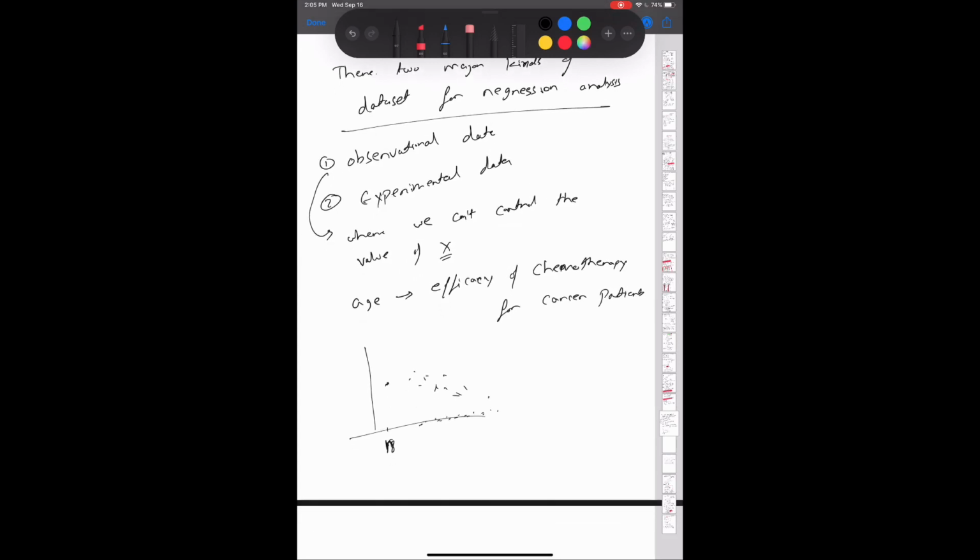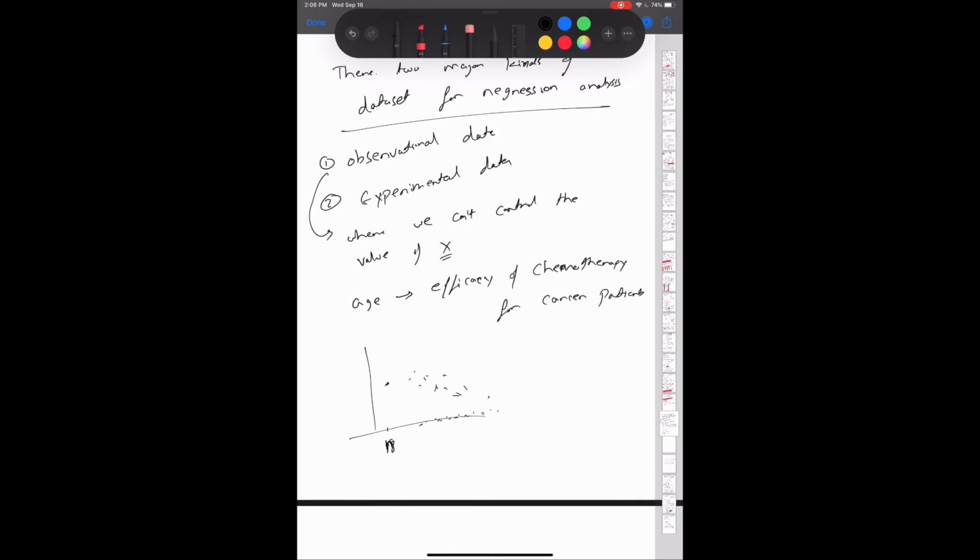And observational data are very common in the medical field because it might be unethical to choose variable values of X, like to provide low dosages. Let's say when they were doing the Ebola studies, if you want to understand the relationship between dosage value and treatment outcome, like whether they're feeling better or not, you couldn't decide the dosage value so that you can collect data in a nice way.